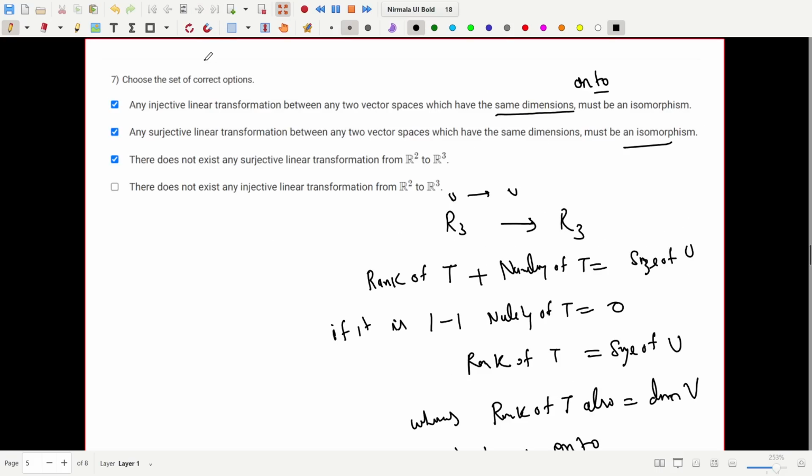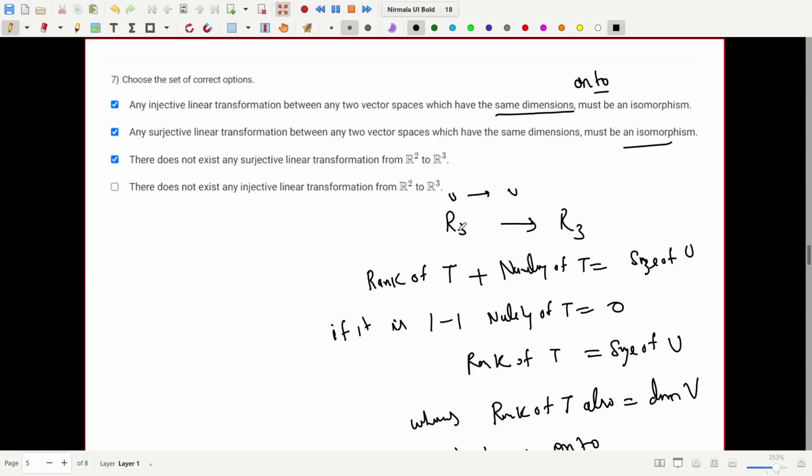So come to the next question. Choose the correct option. Any injective linear transformation between any two vector spaces which have the same dimension must be an isomorphism. This says that if there is a linear transformation between vector spaces of the same dimension and it is injective, or 1-1, then it must be onto also.